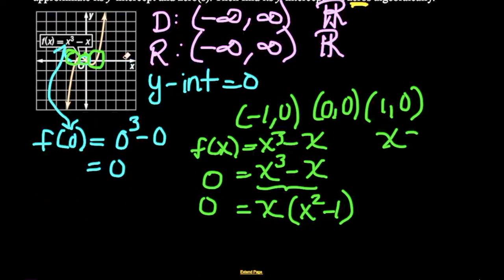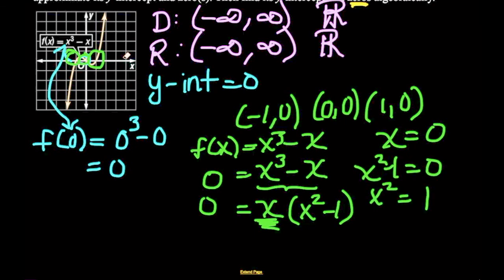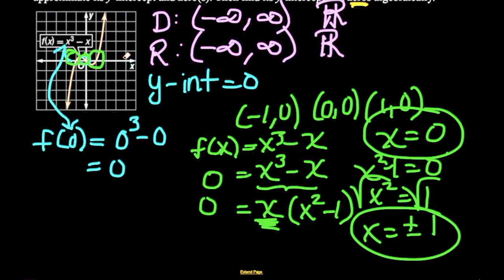So the first one is x equal to 0. When we set x squared minus 1 equal to 0, we get x squared equal 1 when we add 1 to both sides. And then taking the square root of both sides, we get x is equal to plus and minus 1. So indeed, when we solve this algebraically, we got 3 solutions. We get x equals 0, x equals 1, and x equals negative 1.